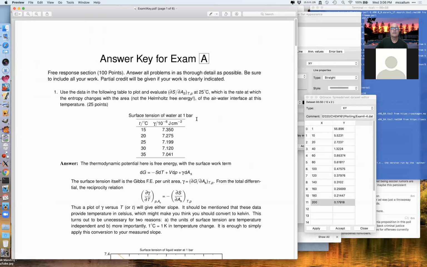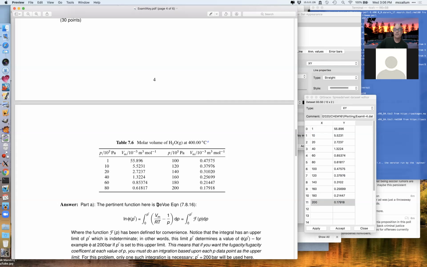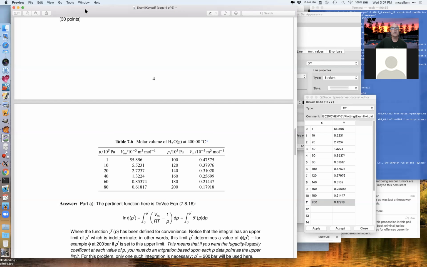And the molar volume is in cubic meters per mole. That's fine, just so we know what it is. But that's an SI unit. So what you want to do when you're doing any calculations is be aware of this. For example, this is 10 to the minus 3 cubic meters, so the number is actually 0.055, right?